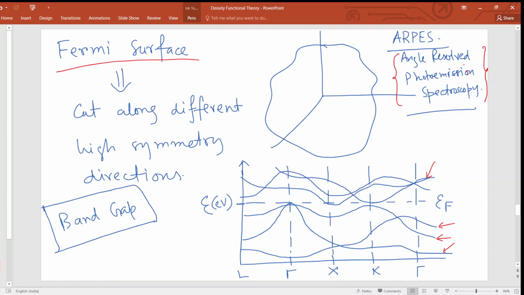So here you have the crystal and you try to map the scattering that is happening, and as a result you can get the behavior of the Fermi surface, and you can actually map the Fermi surface. Okay, so if you are interested you can read this, and from there you can get this kind of band structure and compare it with your DFT calculated values, and see what sort of agreement appears or not.